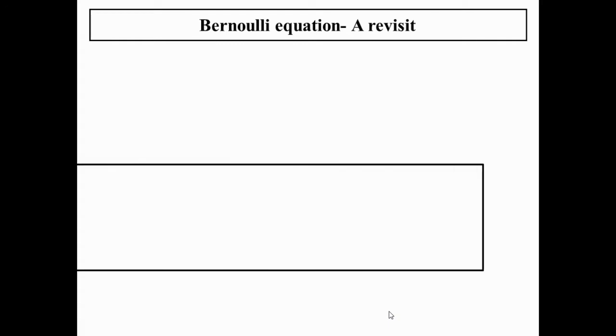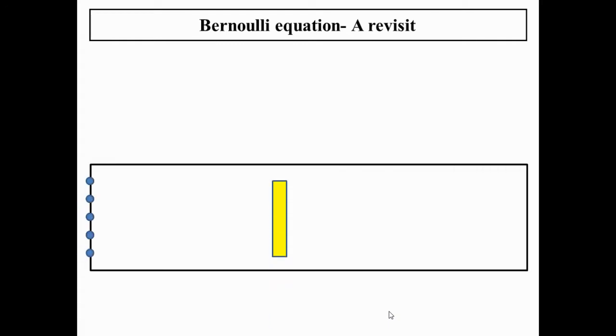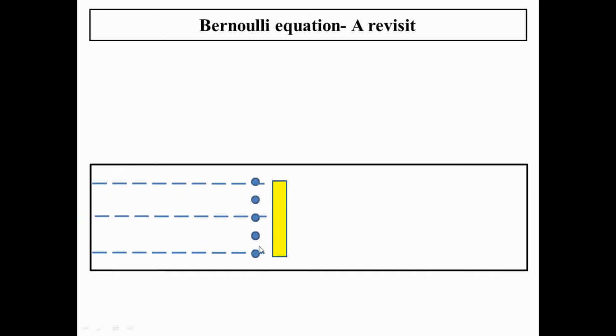And we'll give a revisit to Bernoulli's equation. Again, we consider the same example where a vertical flat plate is obstructing the flow. We call this a streamline pattern. When the flow comes here, these are individual streamlines. We consider only 3 streamlines, and the flow gets separated.